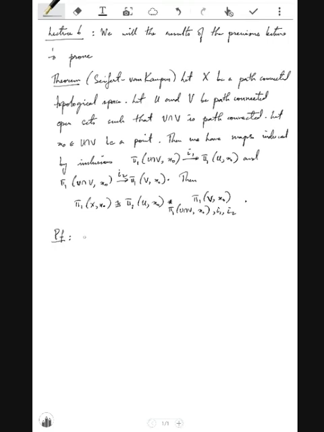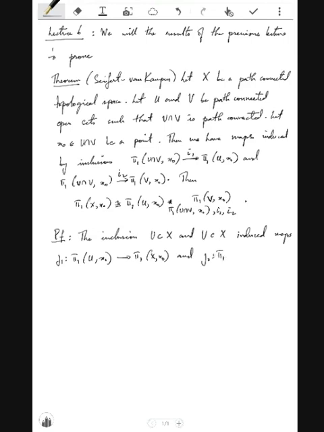So the inclusions U into X and V into X induce maps. We'll denote them by J1 from pi 1 of U, X naught to pi 1 of X, X naught, and J2 from pi 1 of V, X naught to pi 1 of X, X naught.